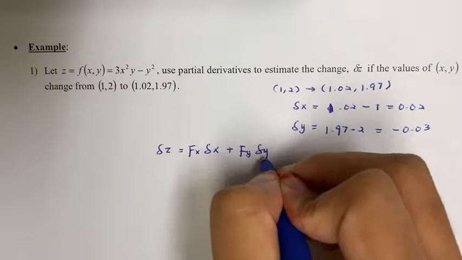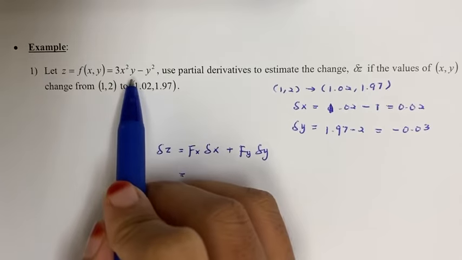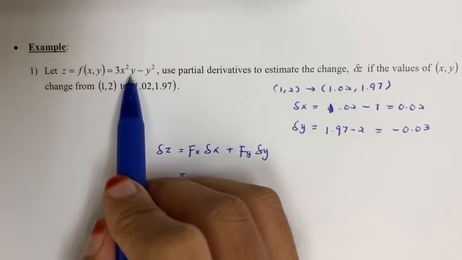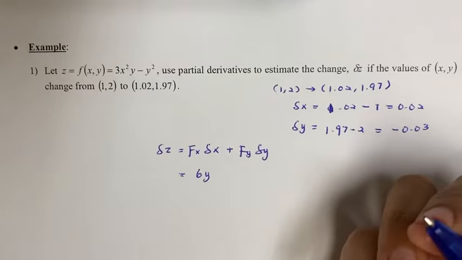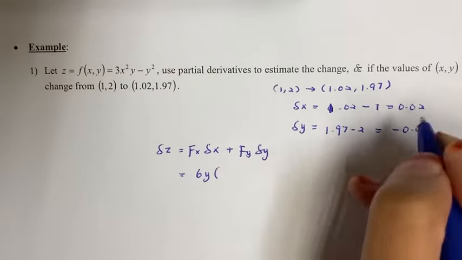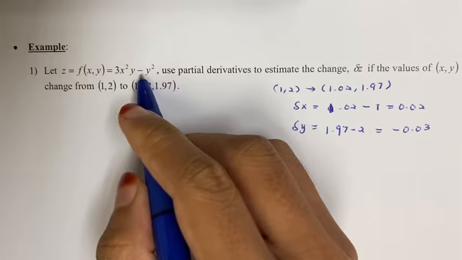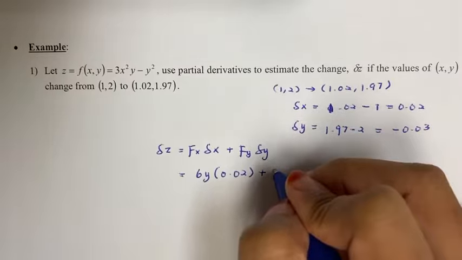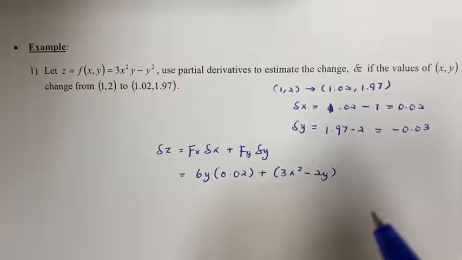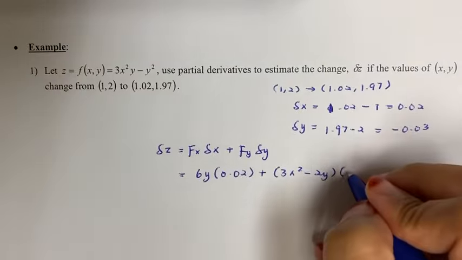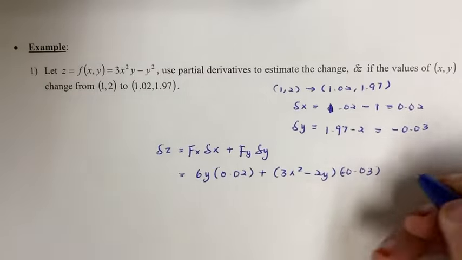Okay? So delta z equal to, find the fx from here. So fx here is 6xy, then delta x is 0.02, plus fy. fy here is 3x squared minus 2y, right? And delta y is minus 0.03.